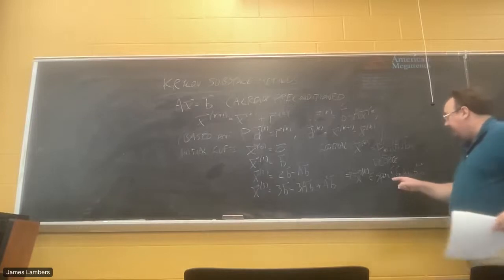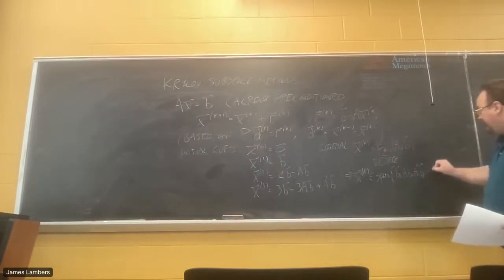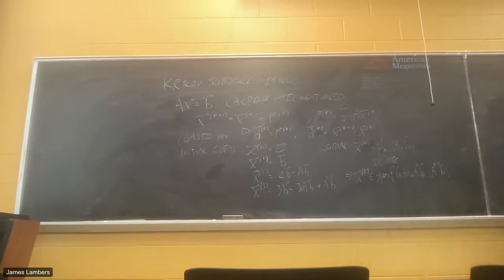So you start with b, and you keep multiplying by a, all the way up to a to the k minus 1 times b. So it belongs to the space of all polynomials of a up to degree k minus 1 times b.